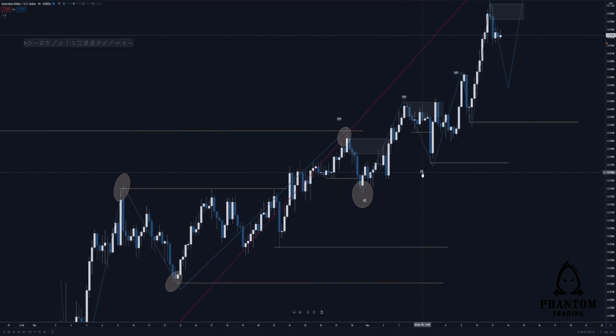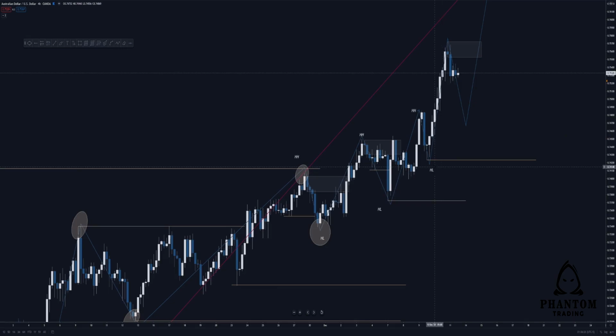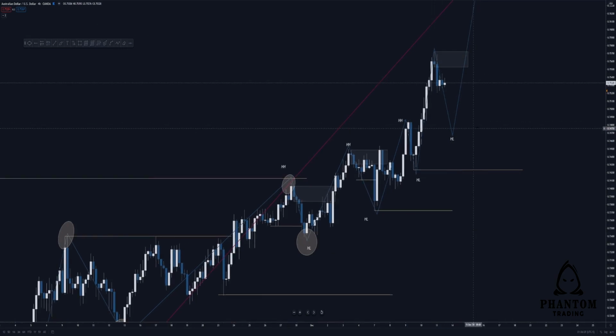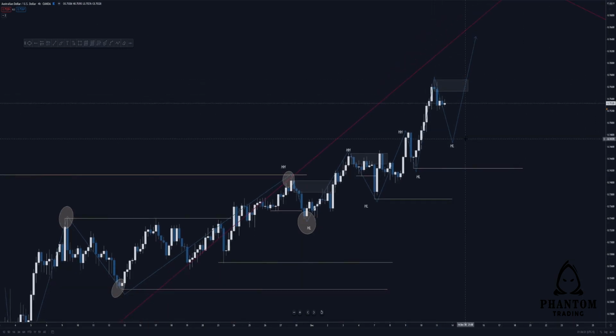These are the levels that we want to look at for potential entries. Why? Because they're going to give you the best possible price and the best possible entry, because we know through the data that we collect that price will continue to break structure to the upside. That's the entire concept. That's the entire theory.